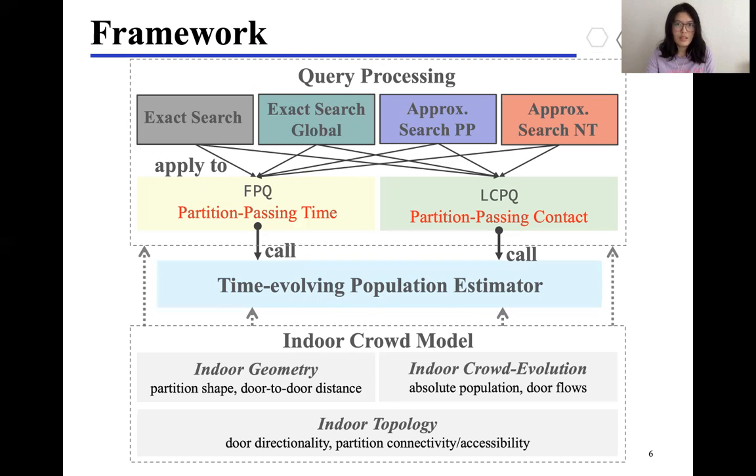Then in the top layer, it's query processing algorithms. We propose 4 algorithms, and all of them can be used for these 2 queries. The difference between these 2 queries is the cost. For FPQ, we evaluate partition passing time as its cost.